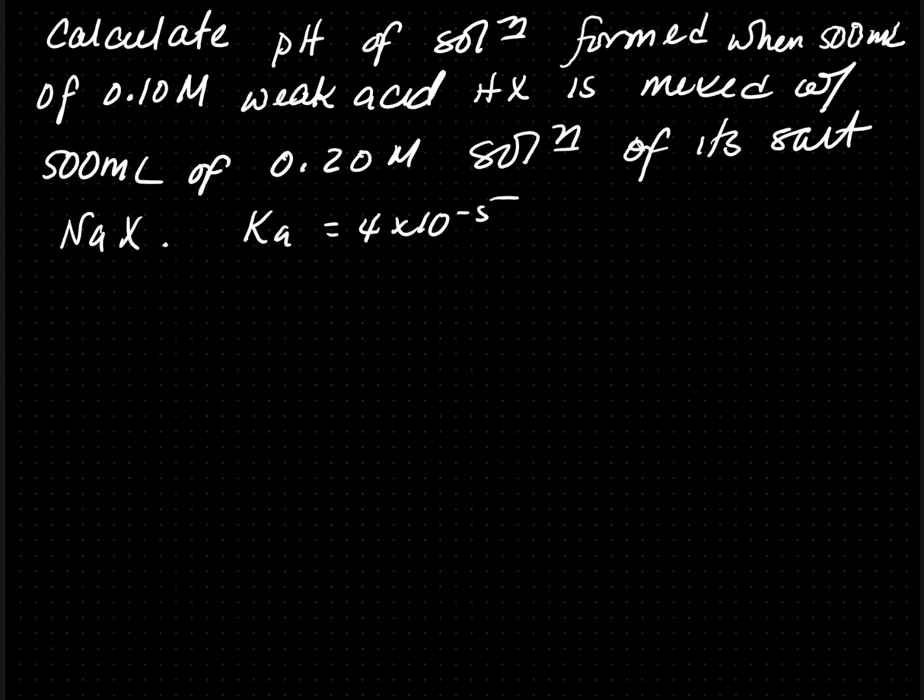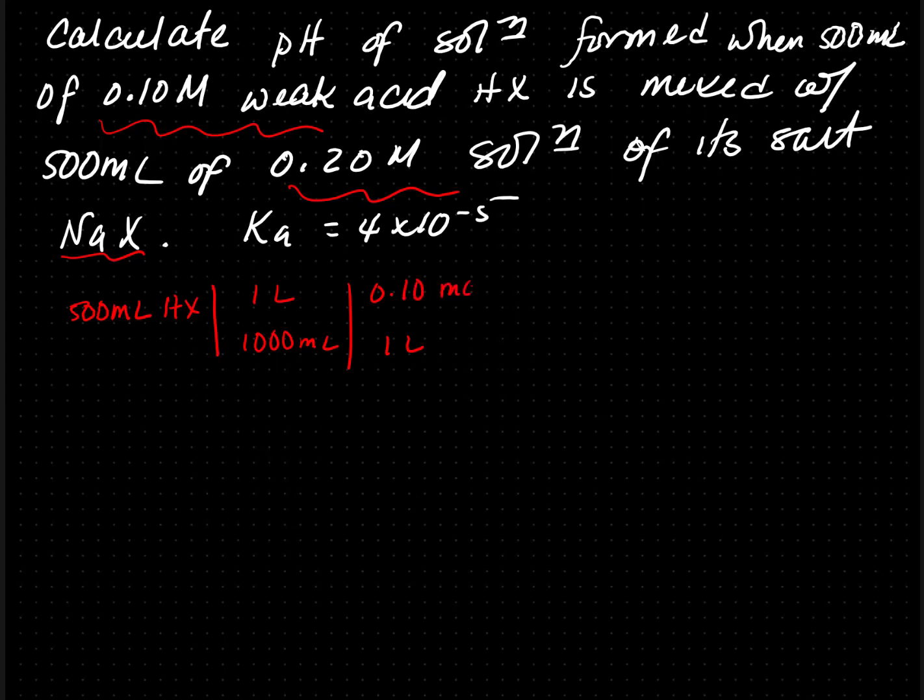So that means the volume is going to be additive. In order to calculate this, the first thing I need to do is calculate the moles present of the weak acid in 0.1 molar and the number of moles present in 0.2 molar of NaX using dimensional analysis. So 500 milliliters of HX, there's 1000 ml in 1 liter, and 1 liter has 0.10 moles of HX.